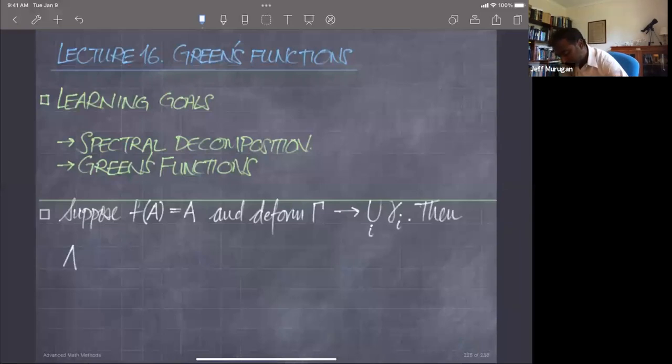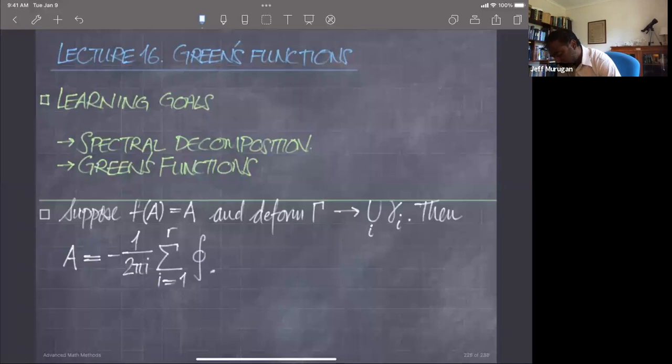Remember, we had this generalization of the Cauchy integral formula. Well, this says that for f of A equal to A, this A is 1 over 2 pi i times the sum over, let's say, i equals 1 to r of the closed integral over contours gamma i of, remember we had an f of lambda in the integrand.